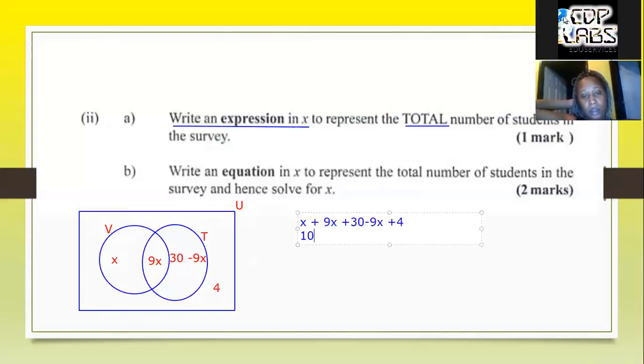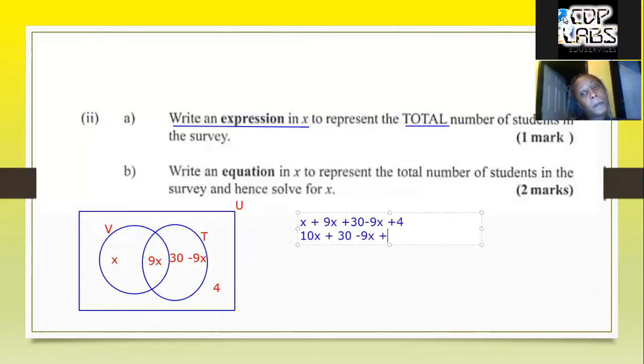So we have to do algebra. You can't miss the algebra class, okay? x plus 9x gives 10x, of course. Plus one more x. Very good. Plus 30 now minus 9x.